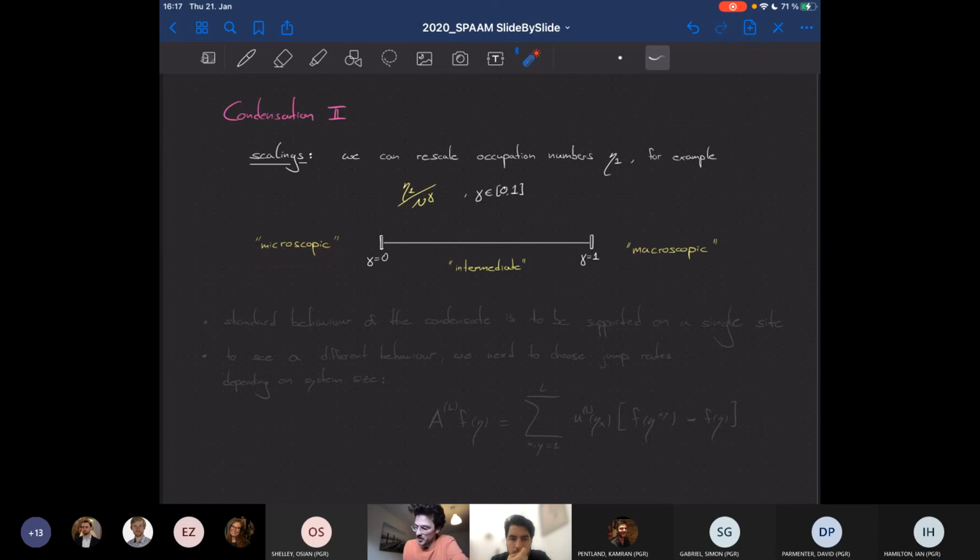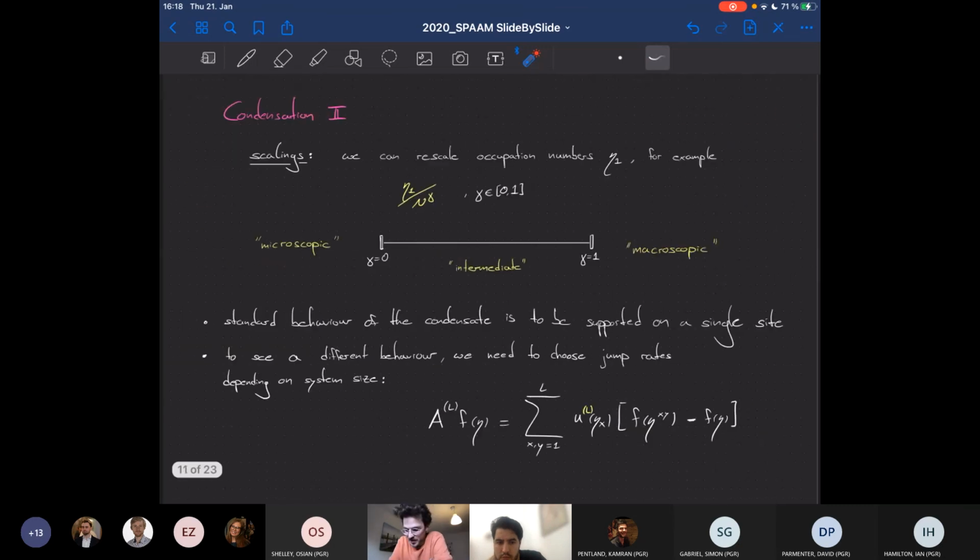On the other hand, if we choose γ equal to 1, we will renormalize here with n, and we will get the macroscopic scale. So there, for example, if η₁ divided by n is a positive number, that means a positive fraction of all our particles will be on this site. And clearly, you can also choose any intermediate scale here, so any γ which lies between 0 and 1, and we call them intermediate scales or mesoscopic scales, but they're not really too interesting for us.